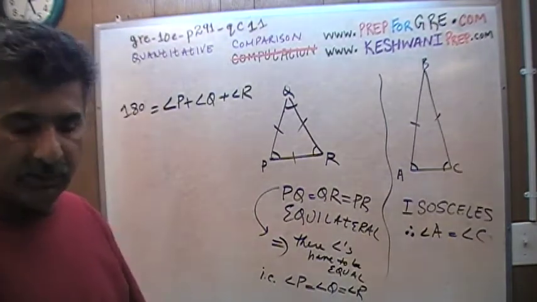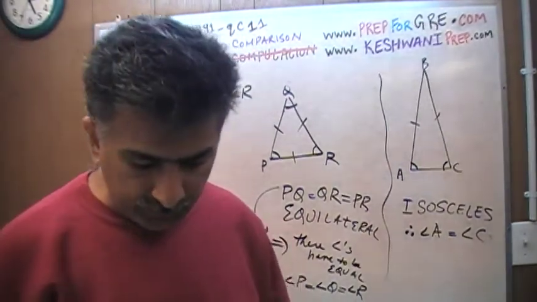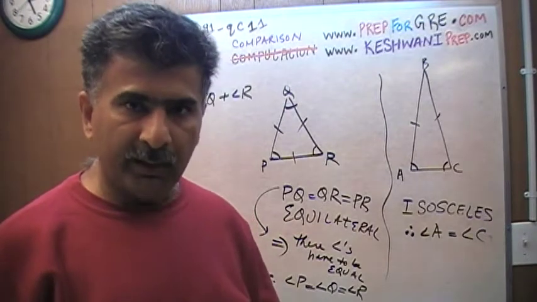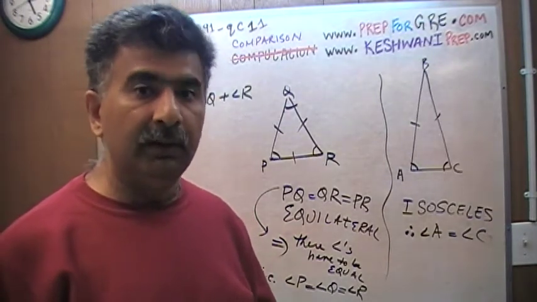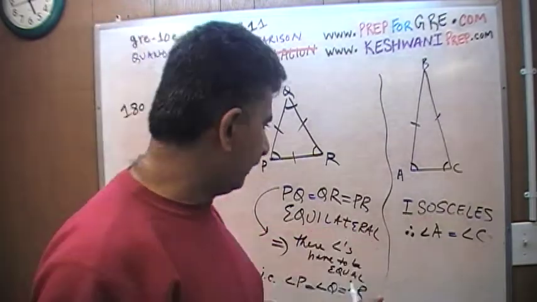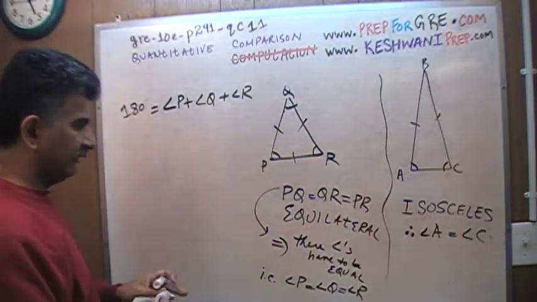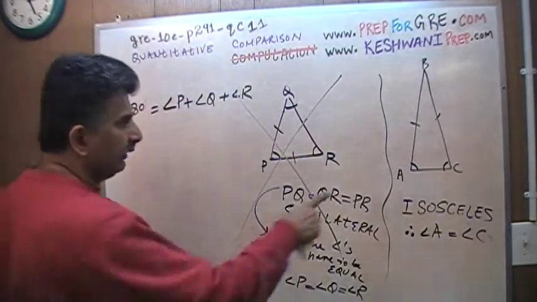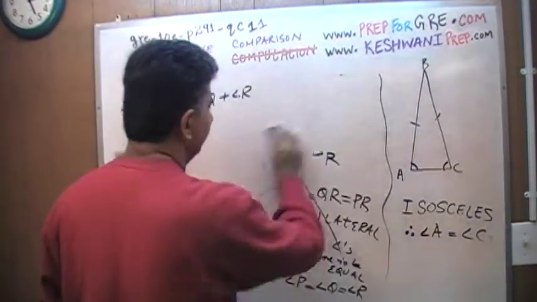So anyway, the bottom line is, we're not dealing with an equilateral triangle, but rather with an isosceles triangle, this triangle here. Not this one, so I'm going to erase this thing. We're dealing with this situation.